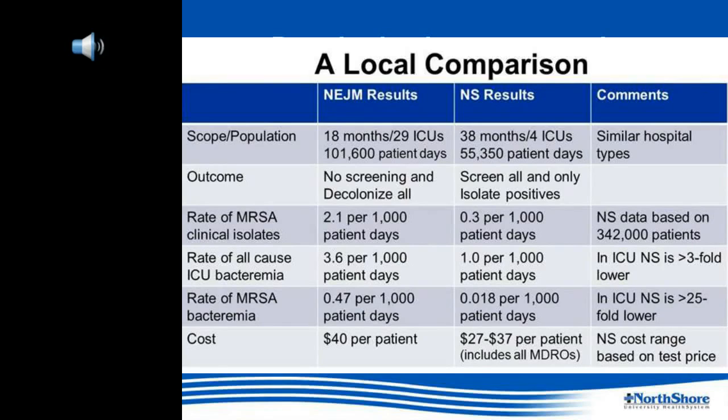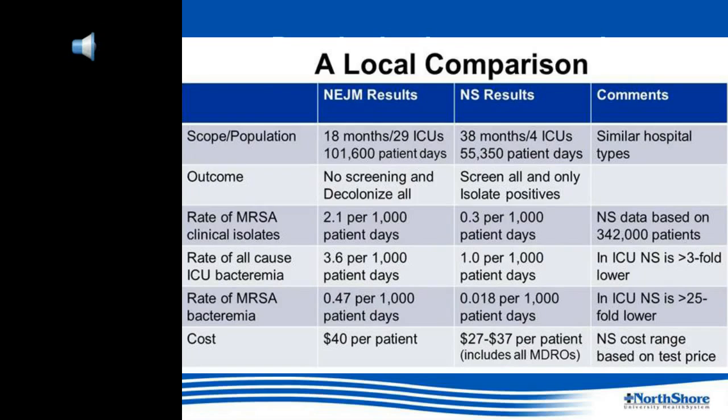So comparing the data in the universal decolonization paper to our own NorthShore results, in the New England Journal of Medicine, NEJM is the universal decolonization, NS is our NorthShore surveillance, where we do targeted isolation of patients, but only those that are positive for MRSA.